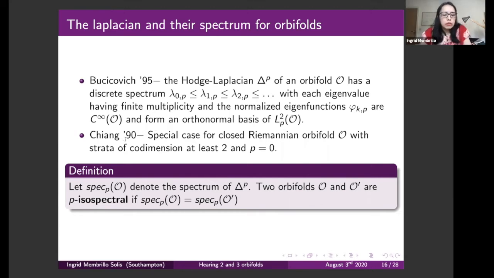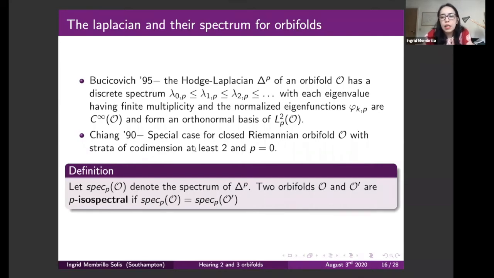Now in 1990, Xiang showed a special case, indeed for the closed Riemannian orbifold. So this was a previous work that was generalized in 1995 by Vucikovic, but Xiang showed for the first time results for Riemannian orbifolds, and in particular showed the same result that Vucikovic showed, but for the case when p is equal to 0, that is for functions, and when the orbifold has strata of codimension at least 2.